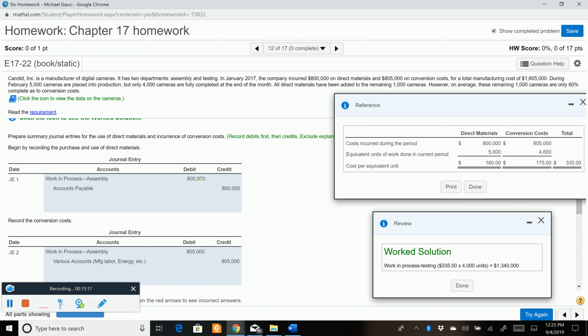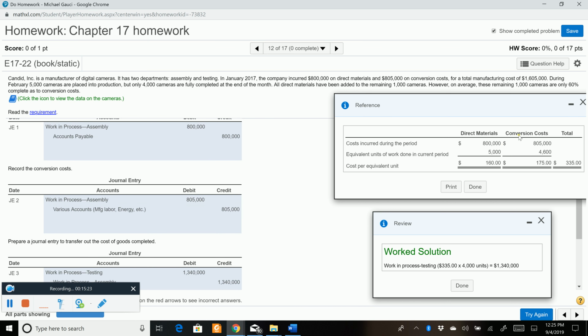So we'll debit WIP, and we will credit accounts payable for purchasing the materials. And the conversion costs, what did we add? $805,000. Debit WIP, and we will credit various accounts. That could be the accrued payroll, or all of the other types of overhead items, like the FP&L bill, things like that.